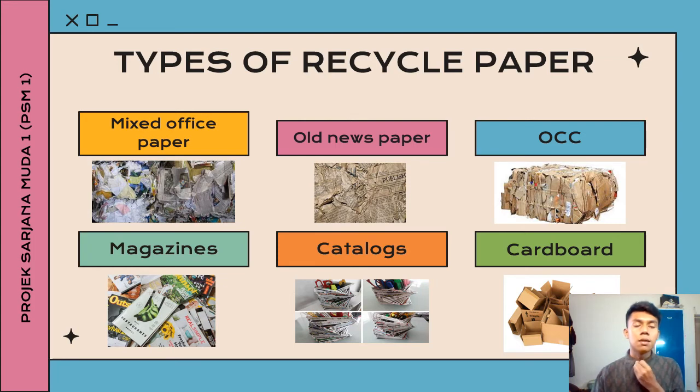I will only tell you the top six. First, we have mixed office paper, then old newspaper, and then old corrugated board that we are using to produce paper. Next, magazines, catalogs, and cardboard.